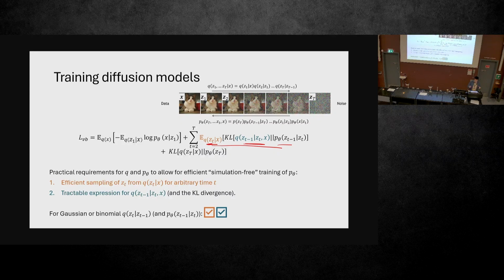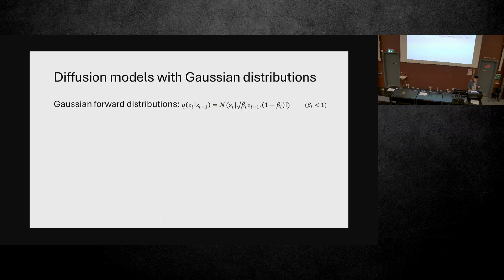For these two choices, assuming linear diffusion, we would have a closed-form formula for both of these requirements. All of that seems very abstract for now. We're going to look at one example using Gaussian for real-valued data. So far, so good. Any questions?